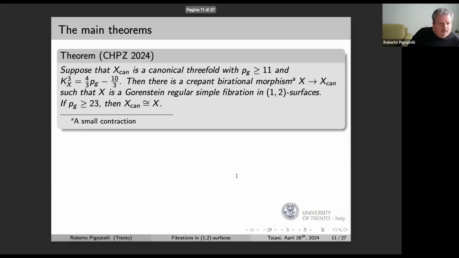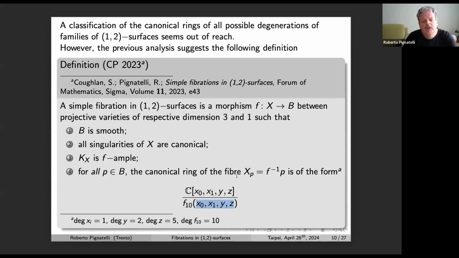Let me add one comment before. There is a paper by Rollenske and Pardini about the moduli space of stable surfaces that says that if you take a stable Gorenstein 1-2 surface, it is a hypersurface of degree 10 in P(1,1,2,5).